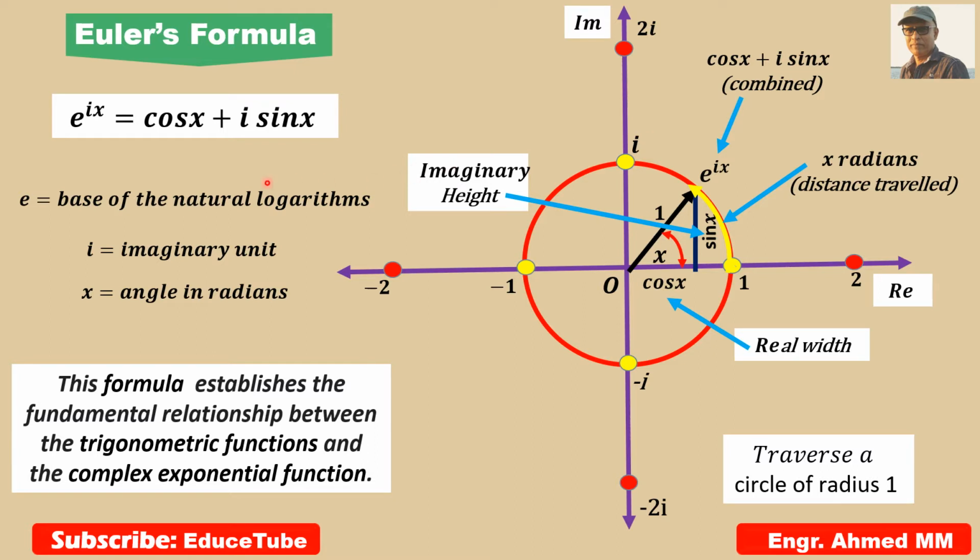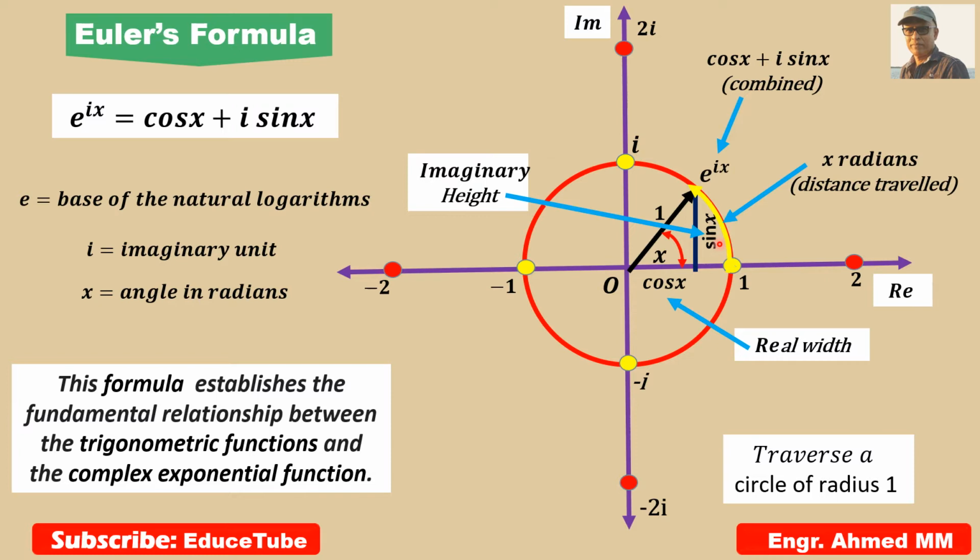As well, the right hand side of this formula describes circular motion with imaginary numbers. Let's view it using x.